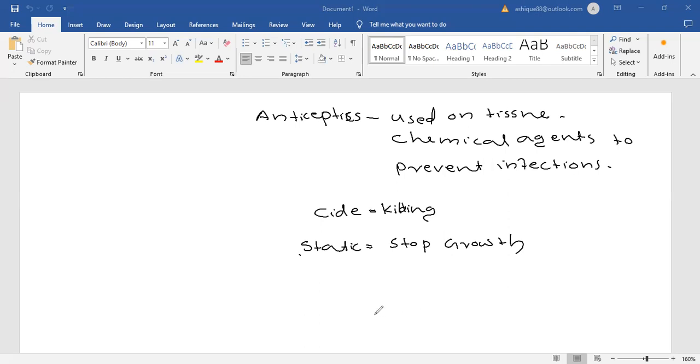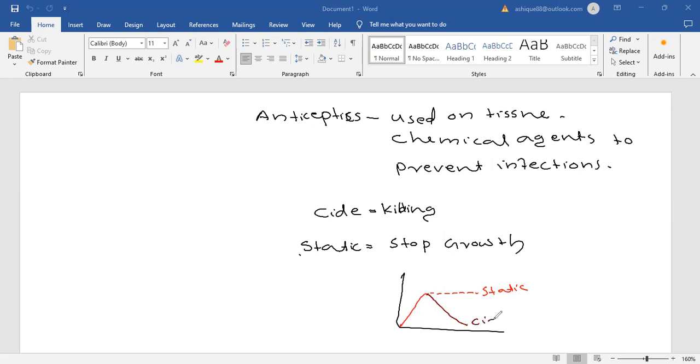For example, if I am drawing a graph, this was a microbial growth. If it is static, then the graph will change in this manner. If it is -cide, after this the growth will decline.